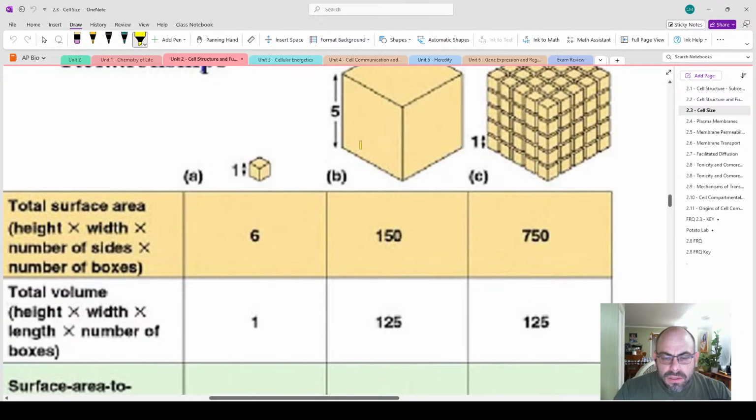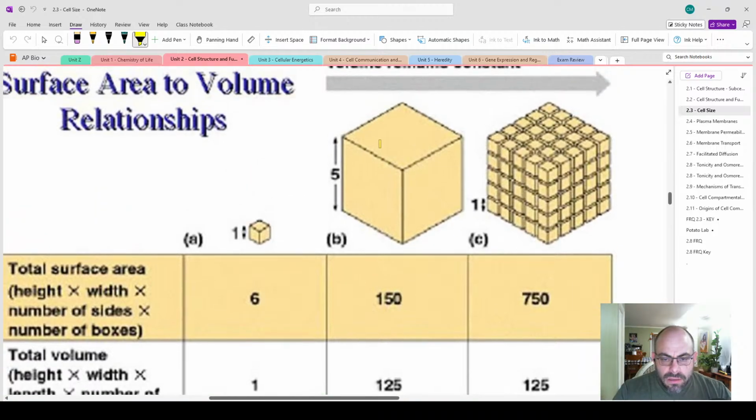It's because volume increases faster than the surface area, meaning that the inside is going to increase faster than the area of the cell can keep up with. We saw this in our cube lab, because the small cube was able to diffuse all the way through, whereas the big cubes weren't even close.